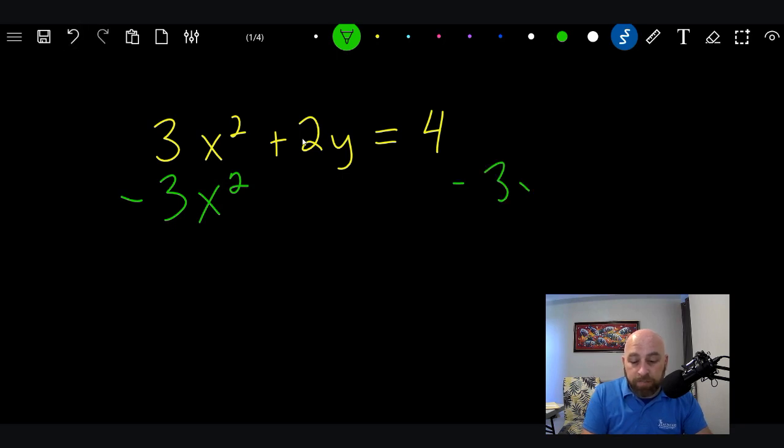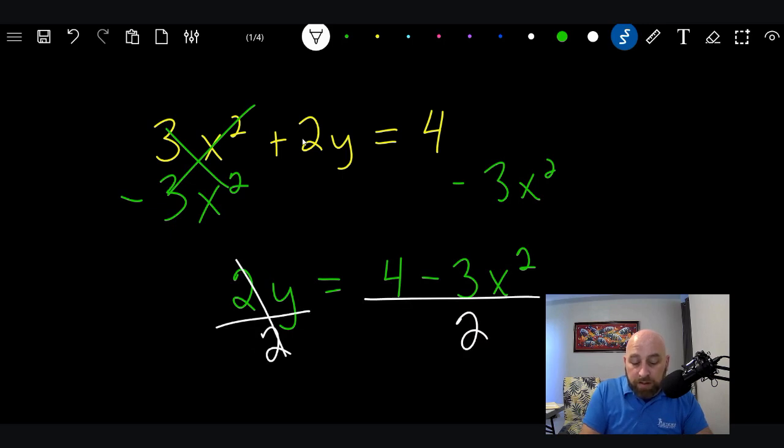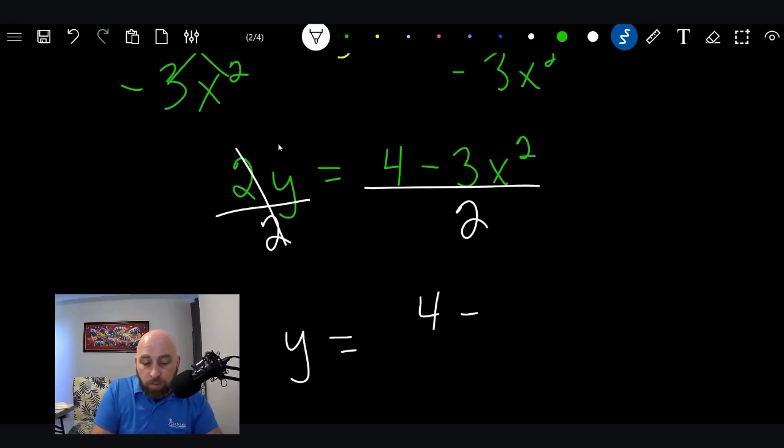Now we end up with 2y equals 4 minus 3x squared. Now we need to get y by itself by dividing both sides by 2. All right, so now we end up with y equals (4 minus 3x squared) over 2.